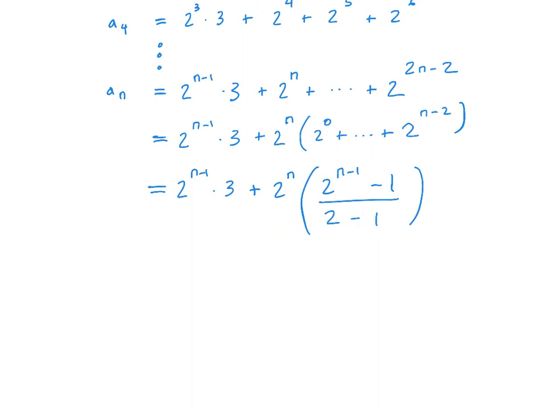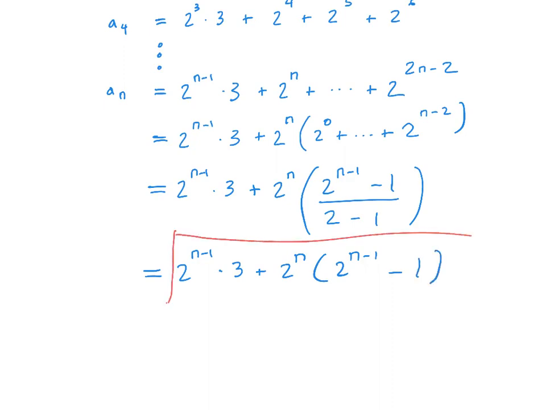So maybe we'll write one more step to clean this up. We have 2 to the power n minus 1 times 3 plus 2 to the n multiplied by 2 to the n minus 1 minus 1. And this gives us a formula that can directly calculate the number of words that have an even number of 2's.